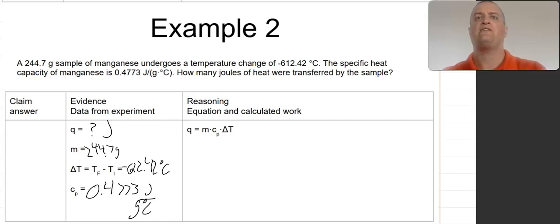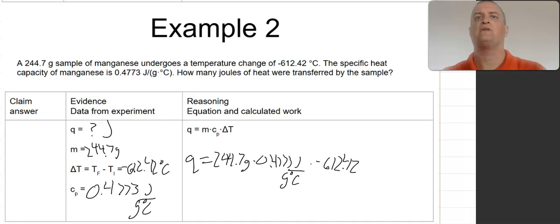Now what's nice is that I already have my equation set. So Q is mass, 244.7 grams, times Cp, 0.4773 joules per grams degrees Celsius, times negative 612.42 degrees Celsius.